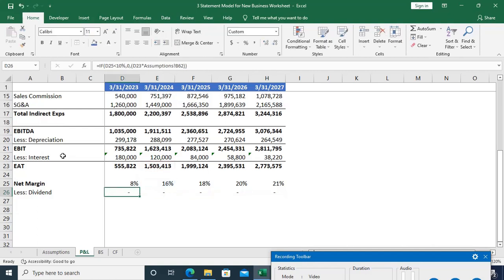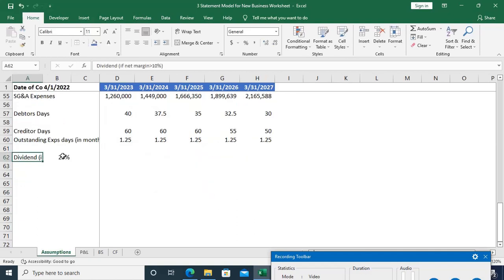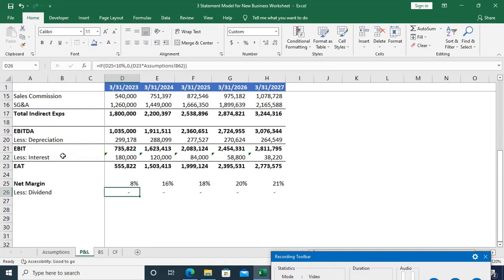Okay, yeah, we have to fix those formulas, and then page up, we have to fix this thing. Control page down. If D5, that is 8%, is less than 10%, then we give 0 dividend. If it is greater than 10%, then what do we do?